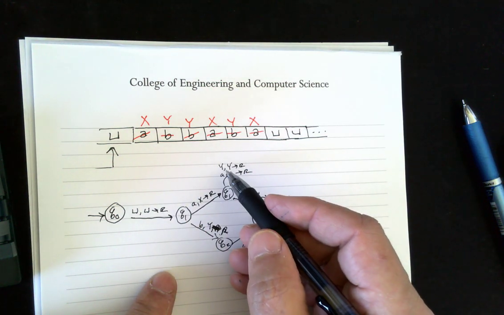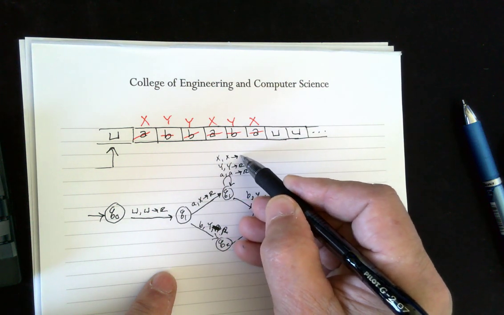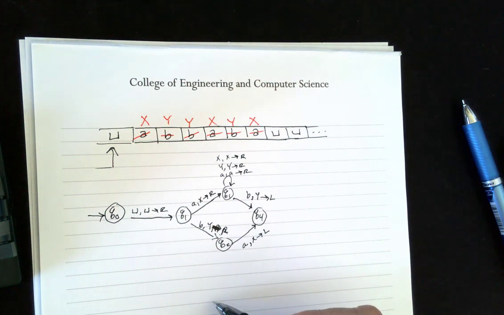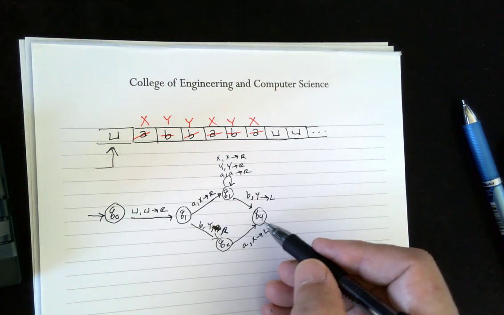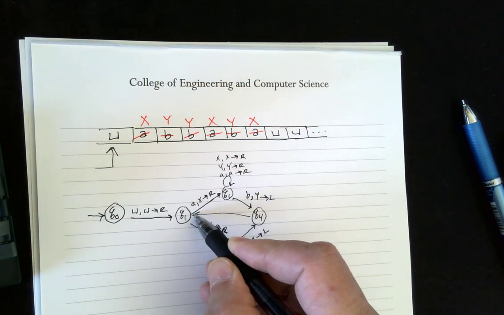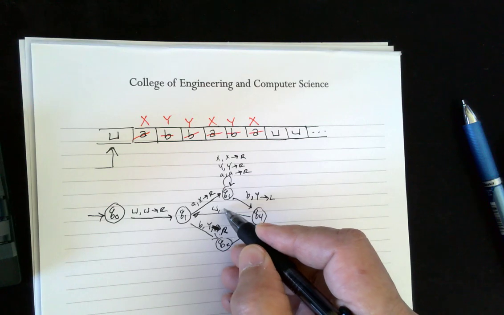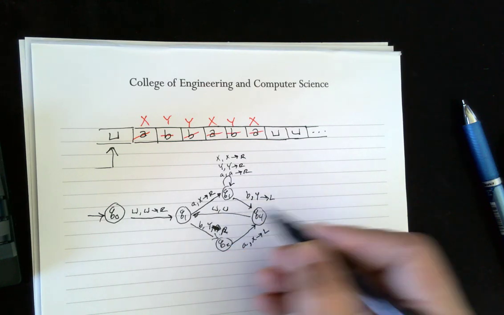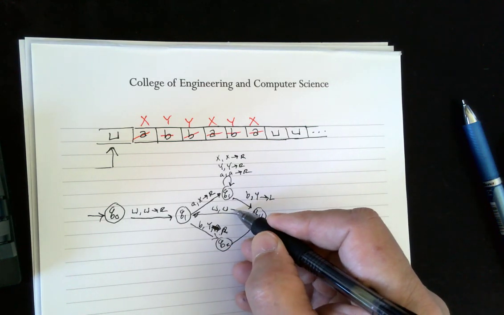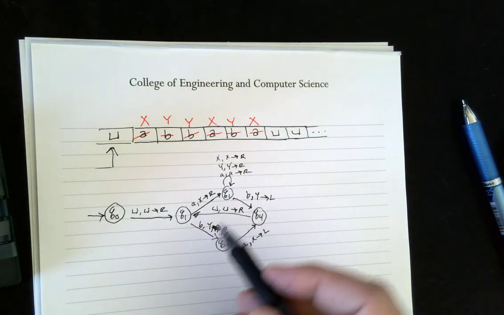And if we also encounter an X, we leave that X and move to the right. Now here in the Q4, if we see a blank, we go back to Q1. So if we see a blank, we replace it with a blank and then move to the right.